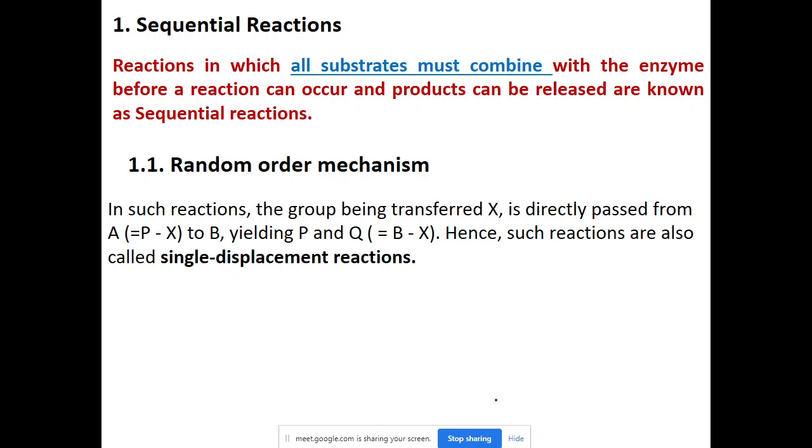In such a reaction, as I said, the group being transferred, X, is directly passed from A. A is one substrate, and it is passed to a second substrate called B, yielding the products P plus Q. So there is a single displacement of functional group X. This is called a single displacement reaction.